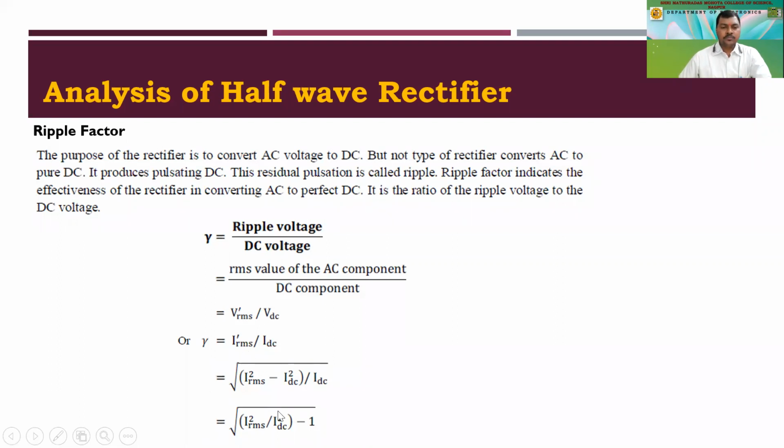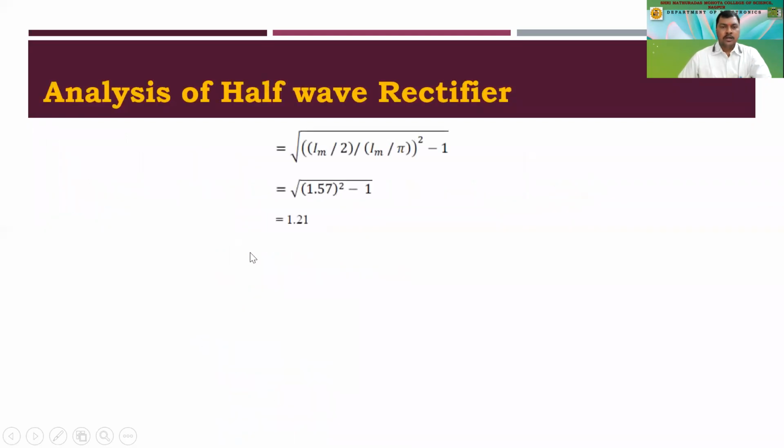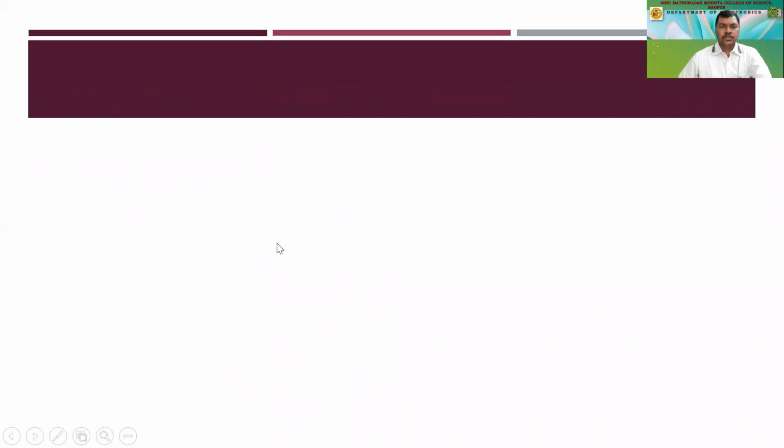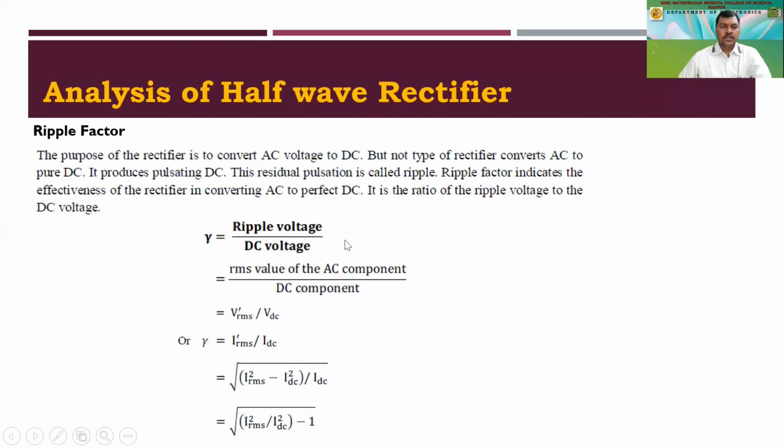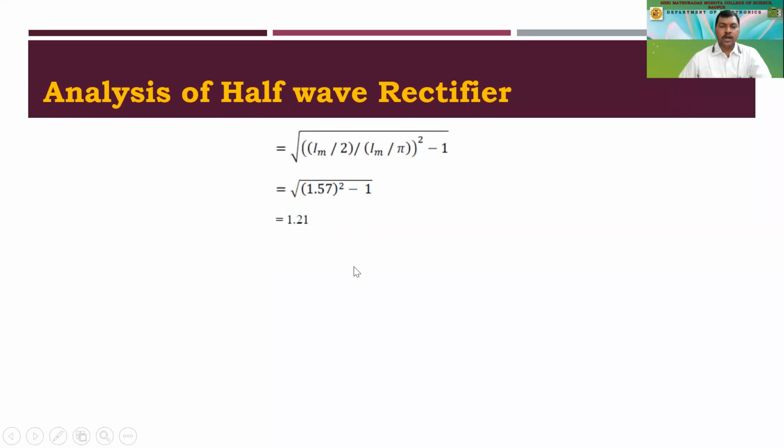And again, we can calculate these by substituting these equations. So it comes out to be nearly equal to 1.21, right? So this is the value of the ripple factor. The ripple factor of a half wave rectifier is around 1.21.